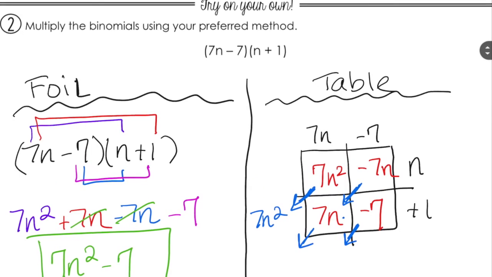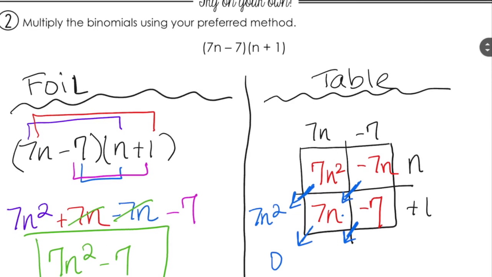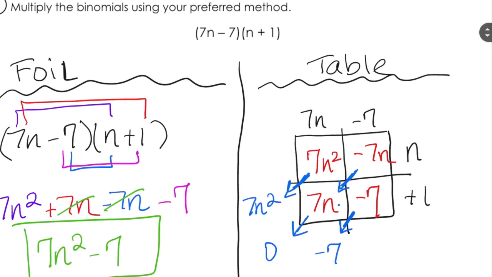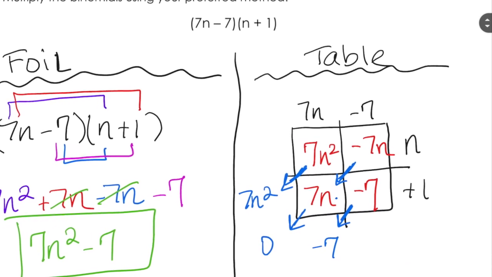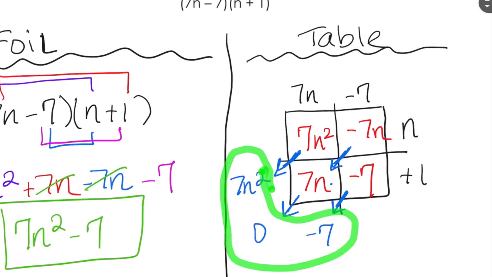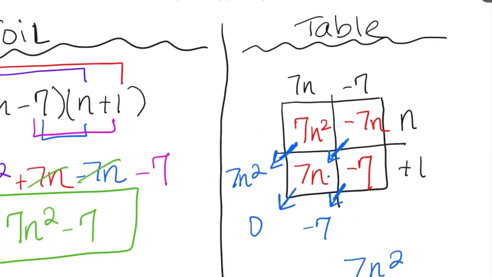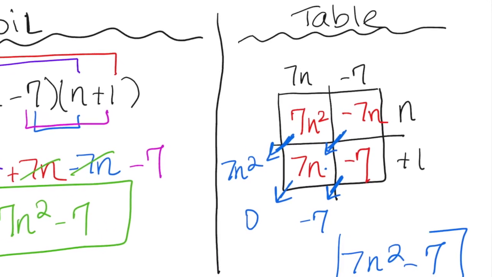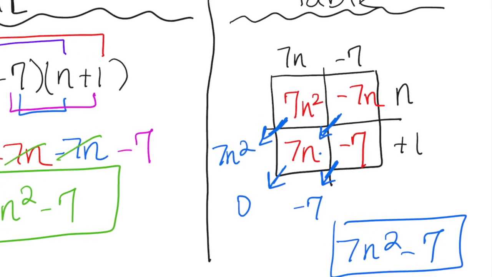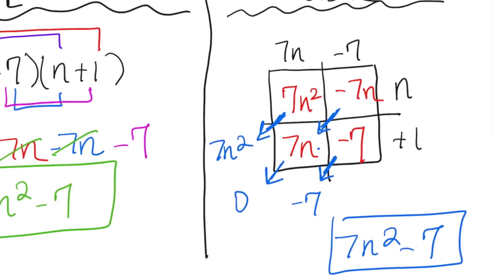This negative 7n and 7n are 0 pairs, so that just becomes 0. And then we just bring down that negative 7. There is nothing to combine it with. Our answer is on the side. And that's all we have to write. So 7n squared minus 7. And we're done. Notice, same answer, two different methods. You can pick whichever method that you're comfortable with.